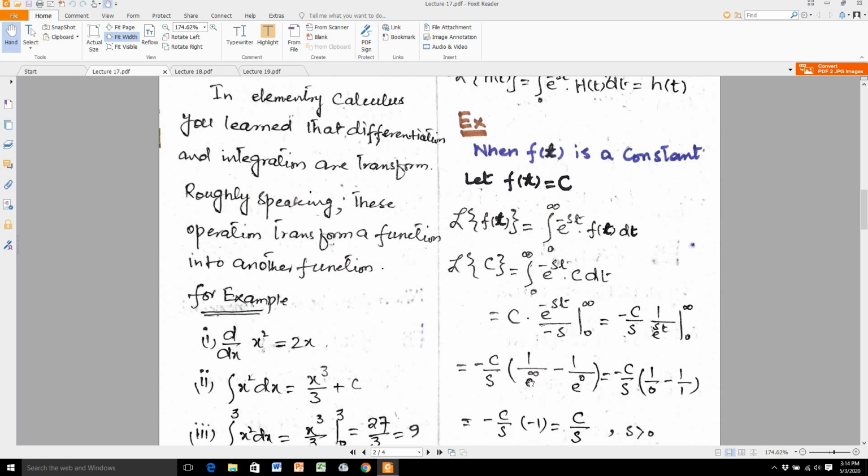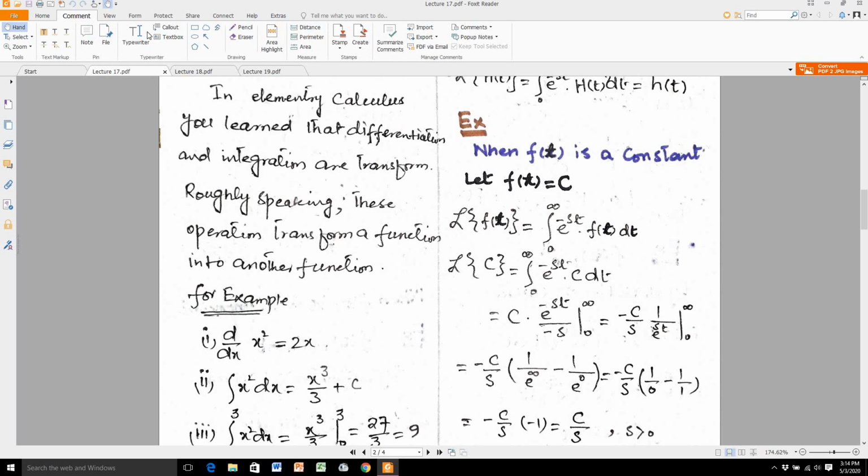And you know that e raised to power infinity is equal to infinity. Sorry, I made one mistake here, that is infinity. So you make a correction here: e raised to power infinity is equal to infinity.